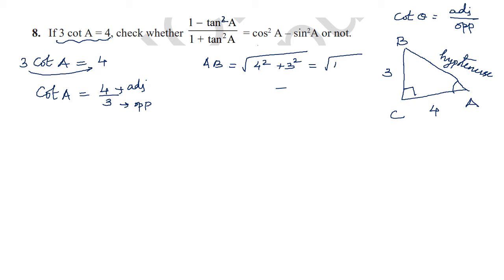Root of 16 plus 9, that is equal to root of 25, which is equal to 5. So we have a right triangle here. This side is 4, this is 3 and this is 5, and this angle is A. Now we have to find all these values. Cot A we got. We need tan square A, so we need tan A. What is tan A?